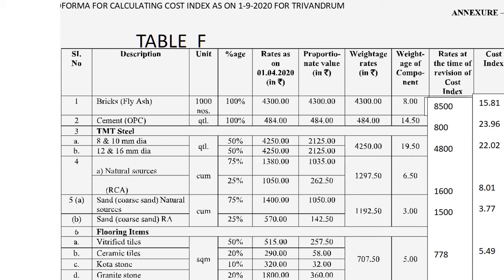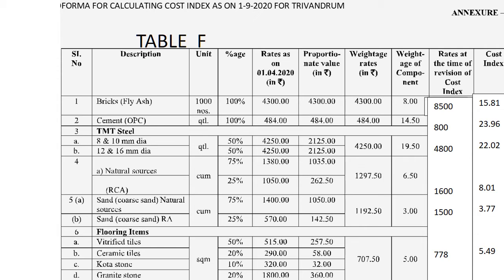Like that, all the materials have been given. Now, the valuer's duty is to inquire from the market the correct price prevailing at the time of valuation for these materials.